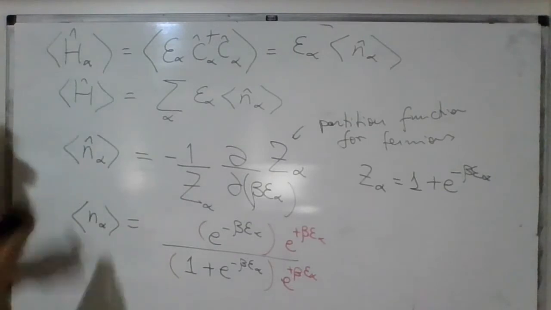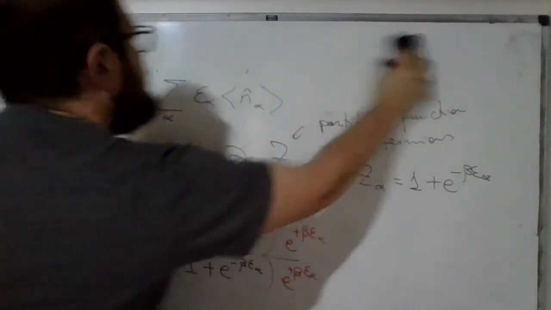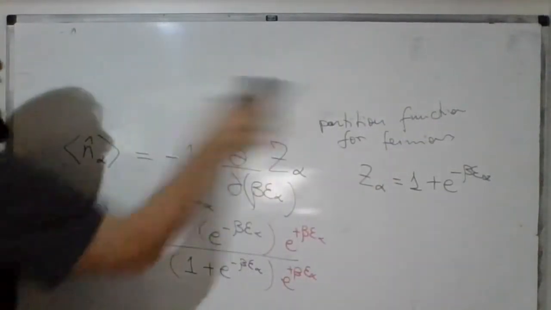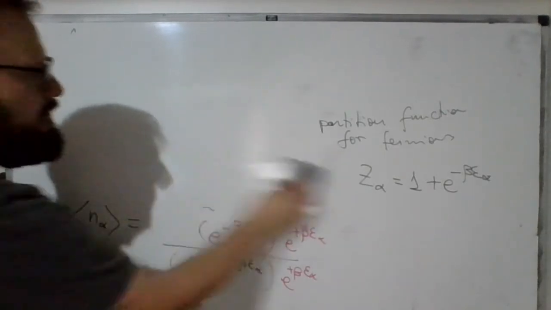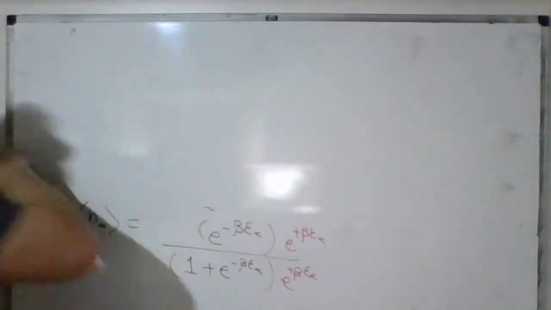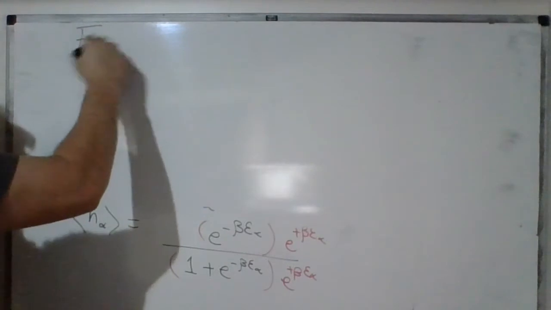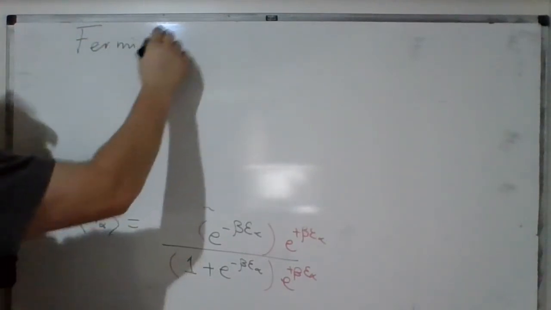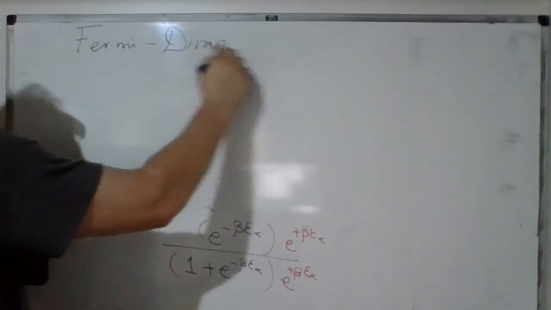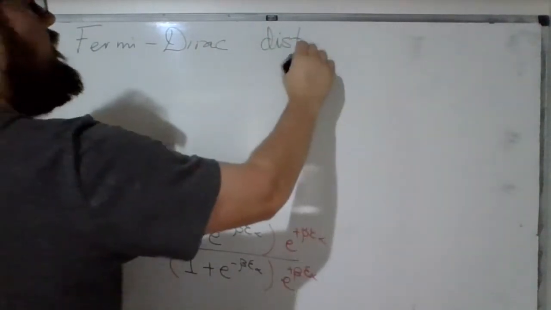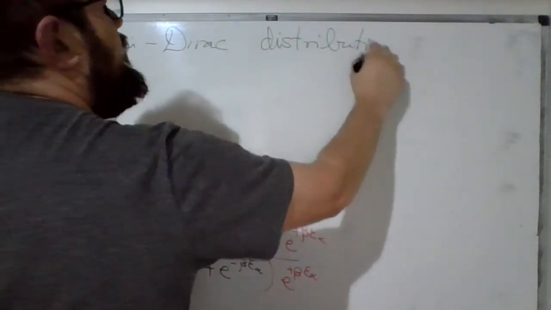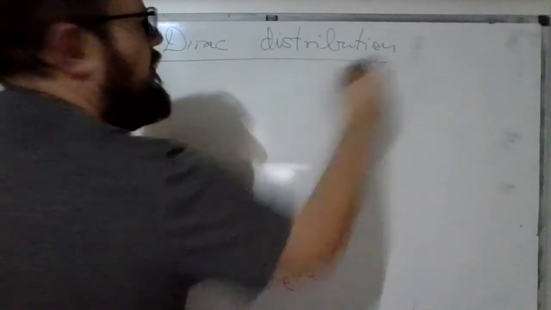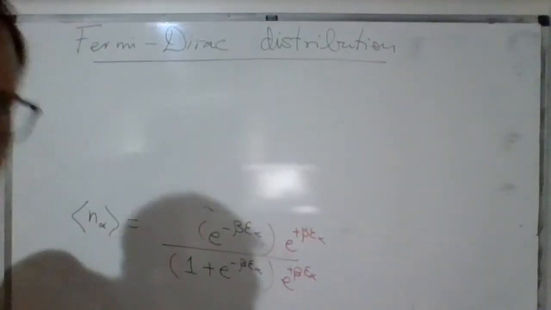And we arrive at the occupation number for fermions at a given state alpha. So for a given state alpha, what we have is the following: the Fermi-Dirac distribution. Okay, this is the Fermi-Dirac distribution.